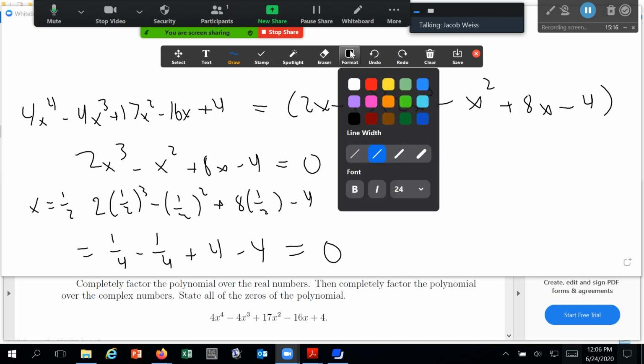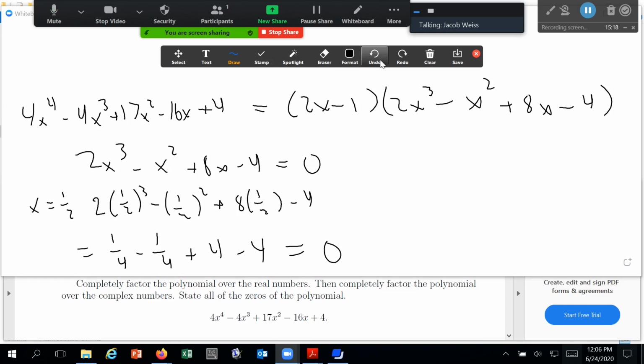All right, so now we need to do long division again. We need to take our x cubed polynomial divided by 2x minus 1 again. So again, x minus 1/2 is a factor, which implies that 2x minus 1 is a factor.